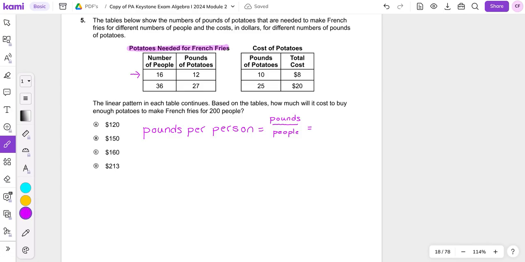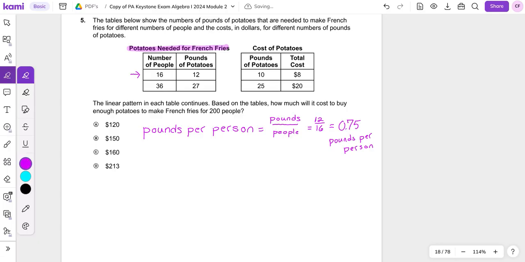Using the first one, I'm going to have 12 over 16, which is the decimal of 0.75. And what are the units? Pounds per person.